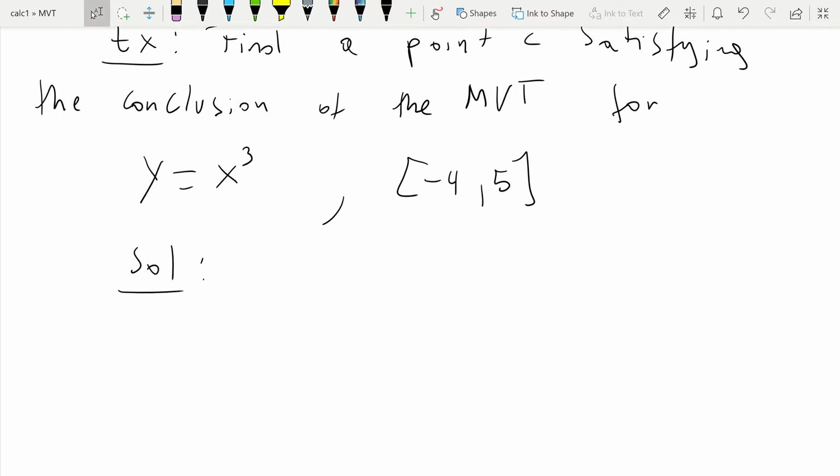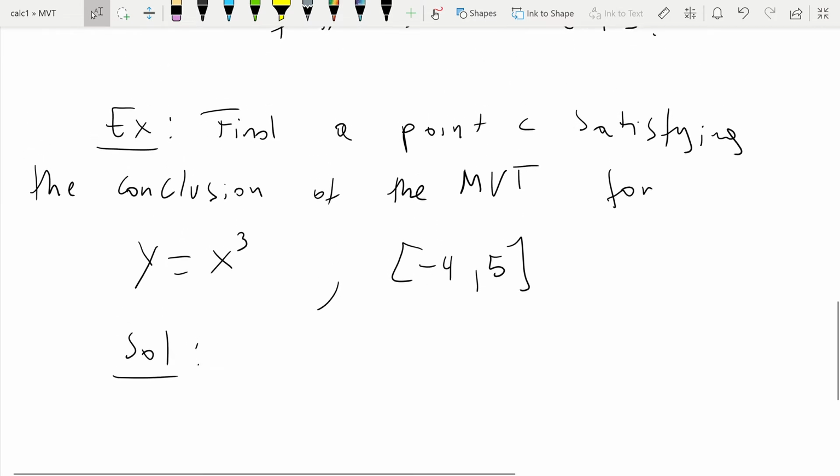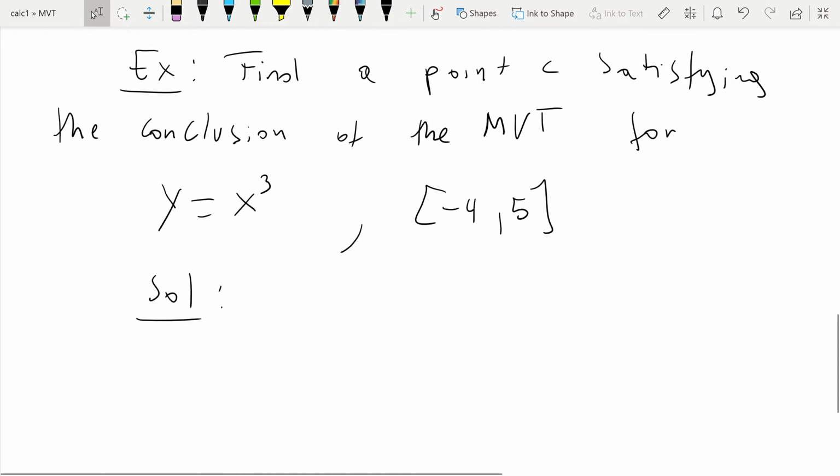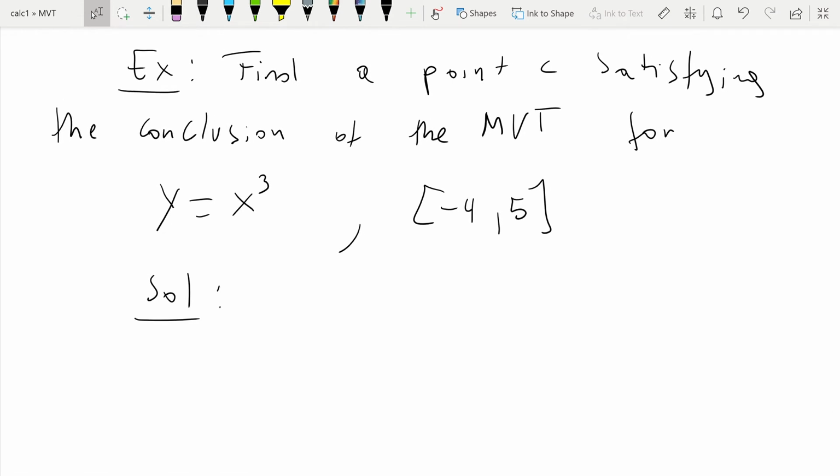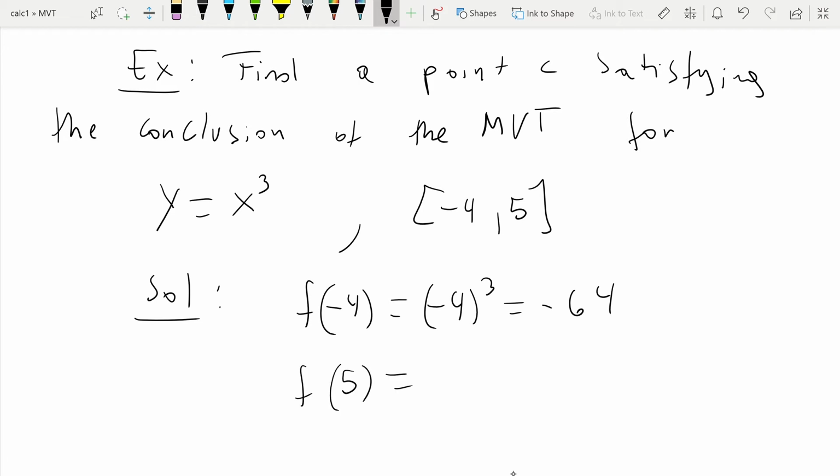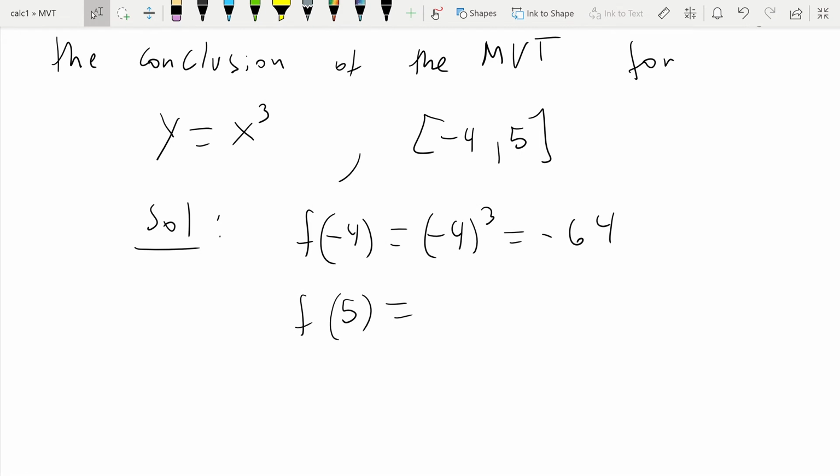And to do this, we proceed just like before, in the case of Rolle's theorem. We are asked to find a point where the derivative equals the slope of the secant line. So what is f at -4? It's -4 cubed, which is -64. f of 5 is equal to 5 cubed, which is 125.